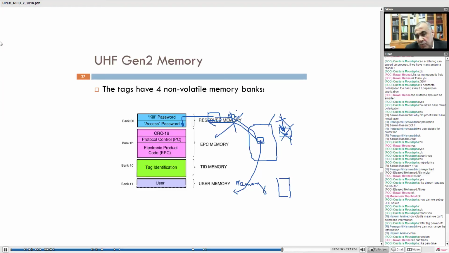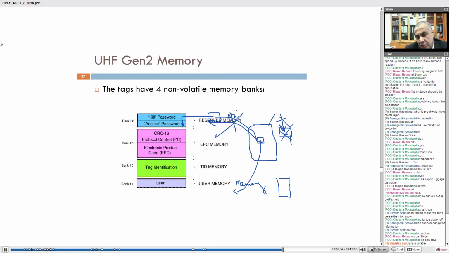Yes. Okay, so you have these zones in your tag, and in your tag, bank 00, you will have the kill password and the access password. Because these are entered one time, you can save the password to communicate with this tag and the password to kill this tag, to make it unusable for other persons.